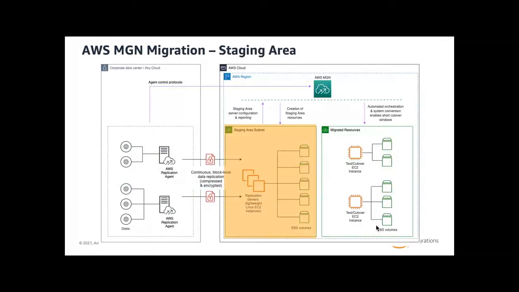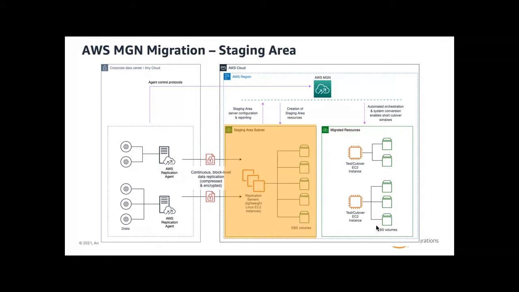And this is a staging area that consists of staging volumes that are pretty much low cost Amazon EBS volumes. You have the replication servers that are pretty much lightweight EC2 instances, but you can determine the size, and this is determined when you set up your launch settings, right?